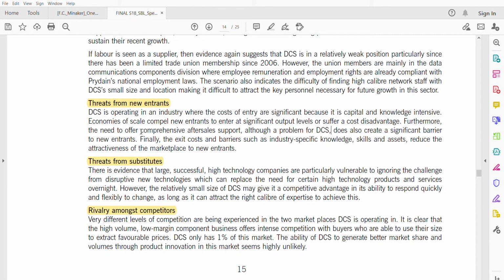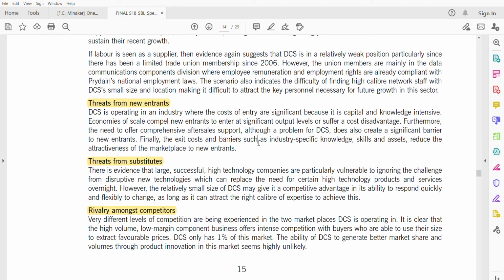Furthermore, they need to offer comprehensive after sales service support. Yes, they need to provide after sales support because in the industry which DCS is operating in, data communication network, you need to provide comprehensive after sales support. Although a problem for DCS, right? Right now it will take more time. I have to go and find out from the exhibits.